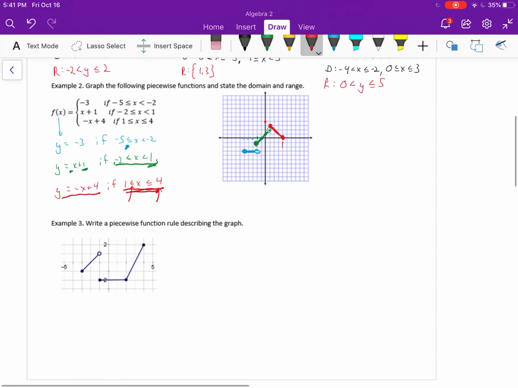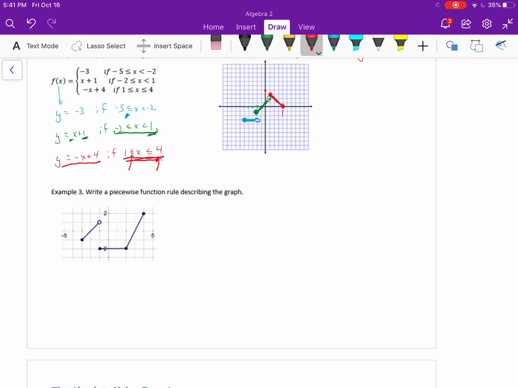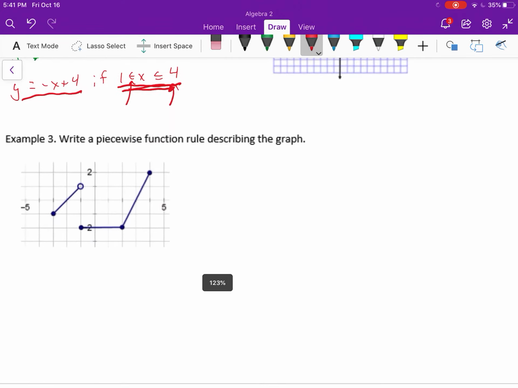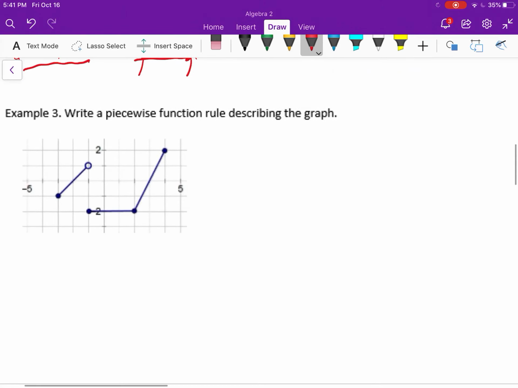The next part here says write a piecewise function rule describing the graph. So in this graph down here, it looks like this is in 3 parts also. So we're going to have a function where this is in 3 parts. Let's kind of do the same thing. I'm going to sketch over this just so I can use the different colors.